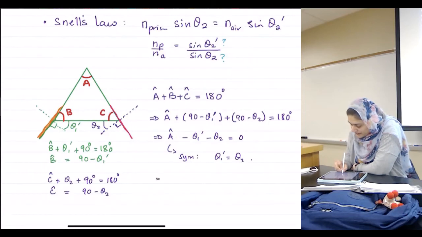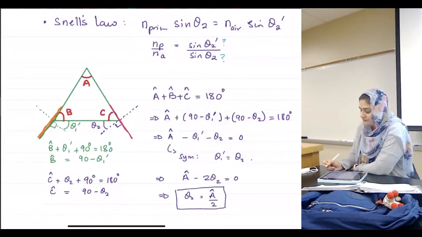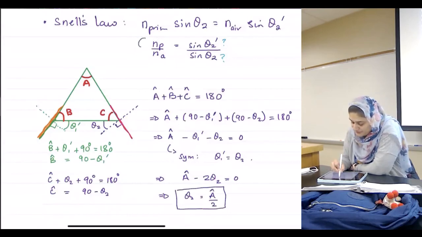So may I rewrite this as A prime minus 2 theta 2 equal 0, or theta 2 equals A over 2. And that's what we're going to fill everything else in.